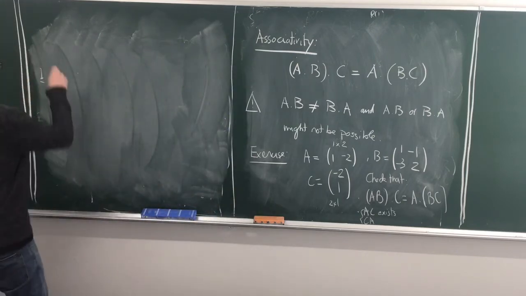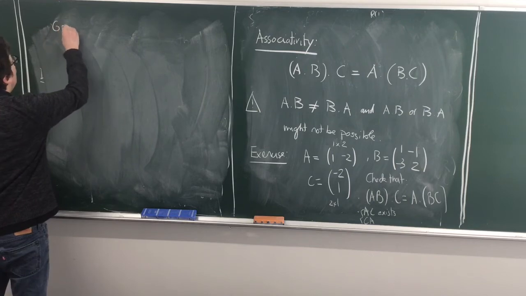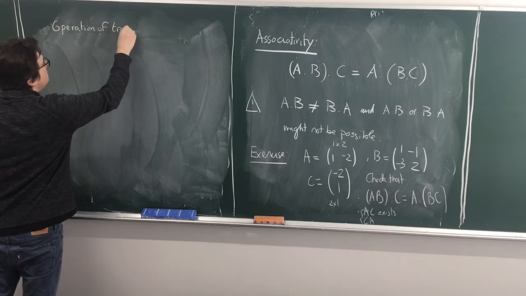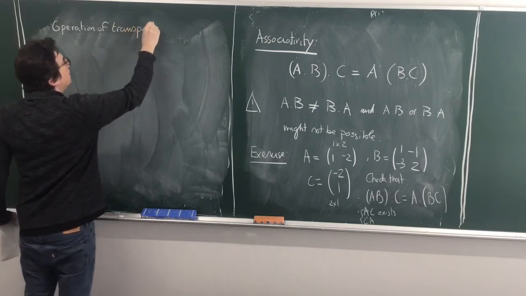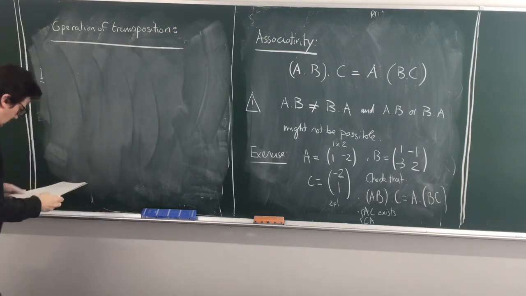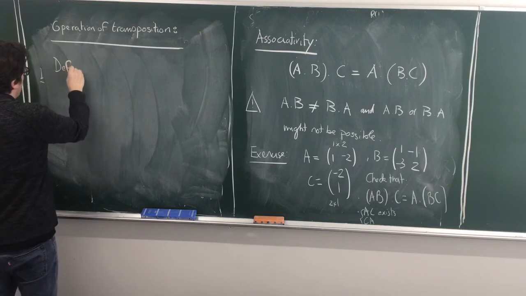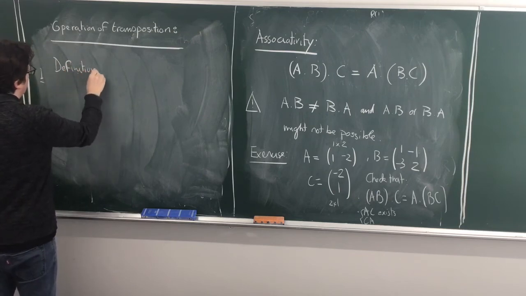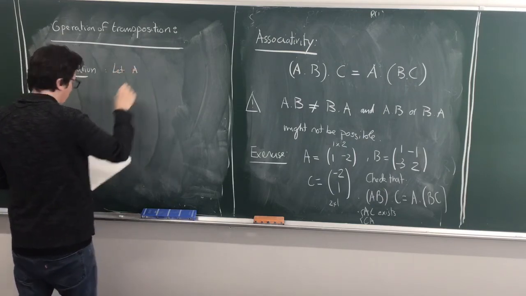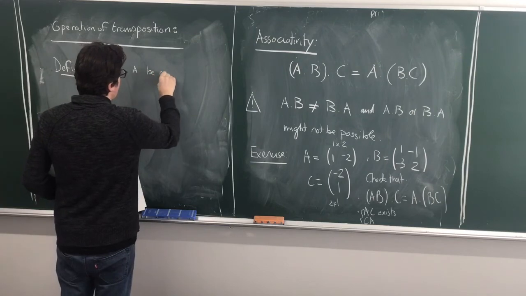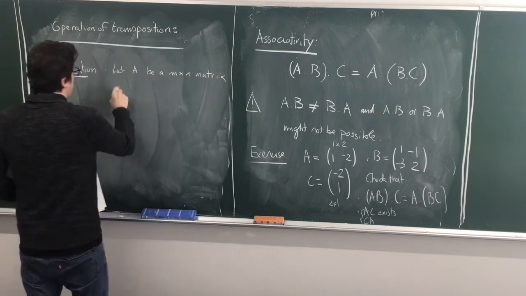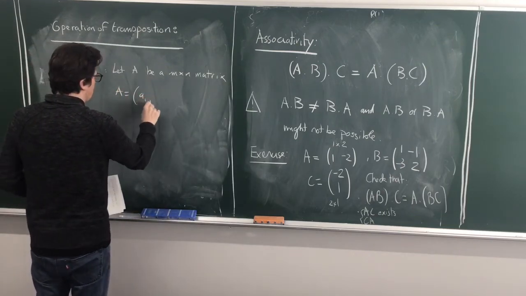Another operation is called the operation of transposition. Okay, let me give you the definition of this operation. Let A be an M times N matrix, so we can call its entries a_ij.